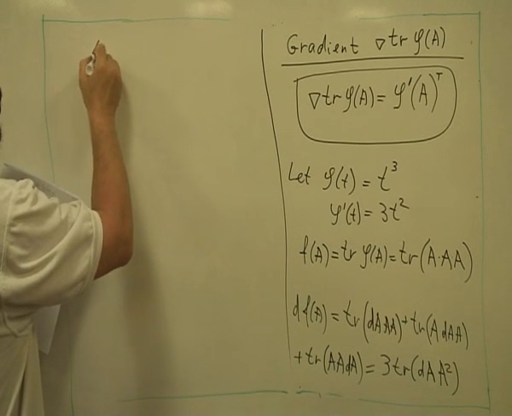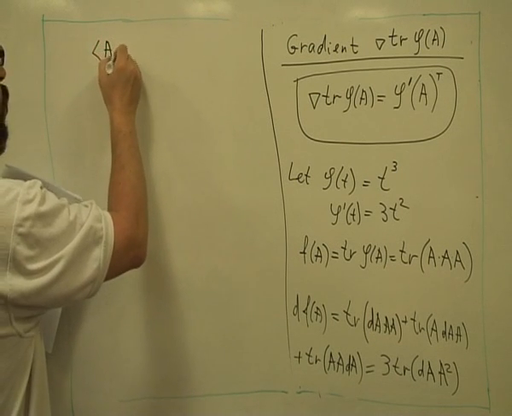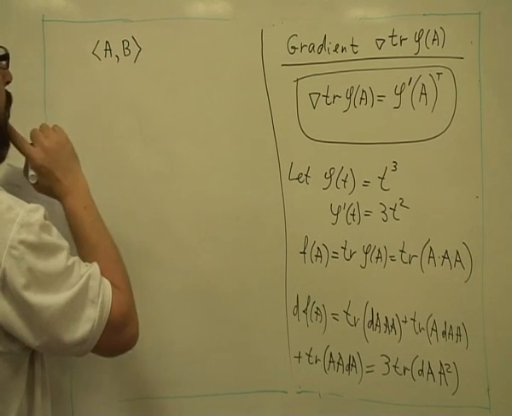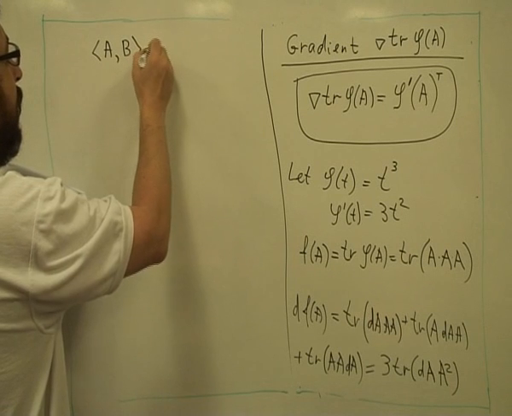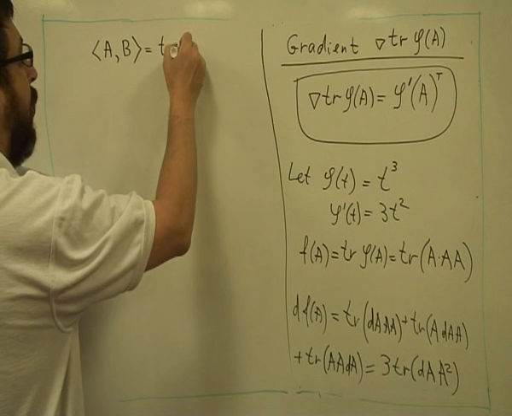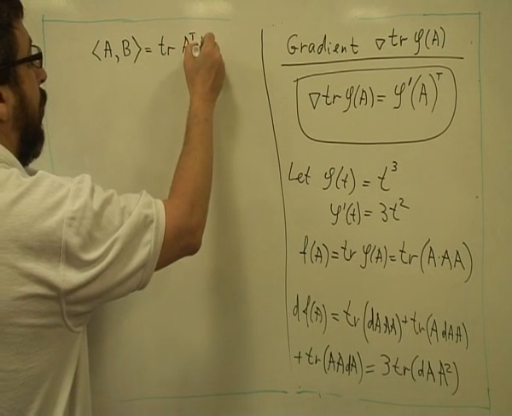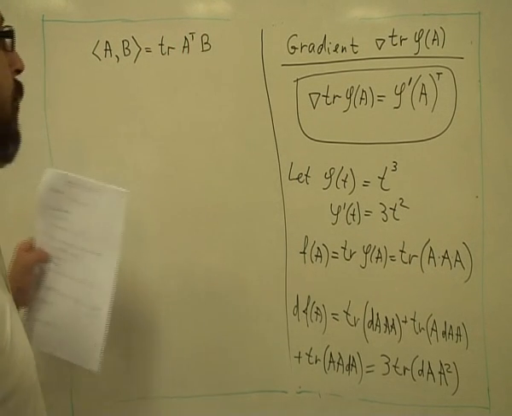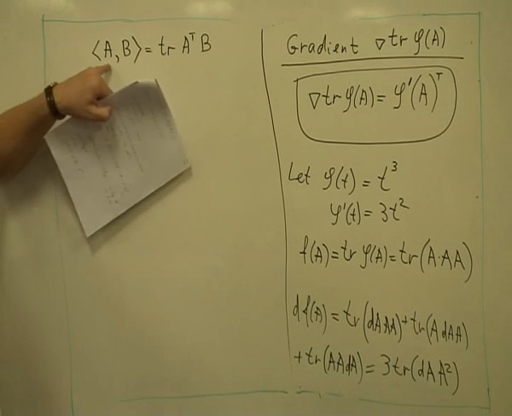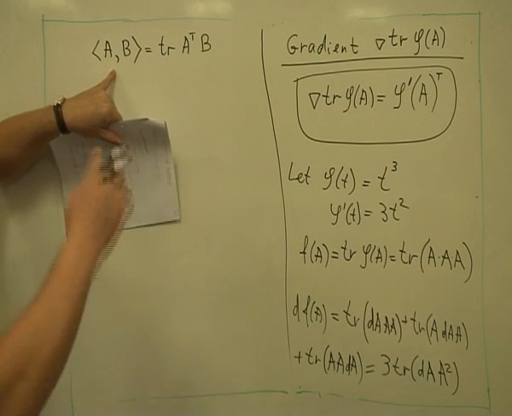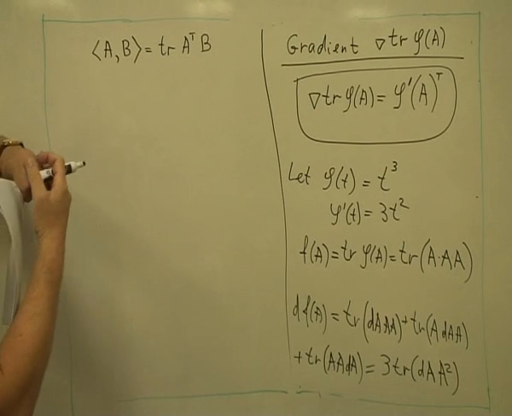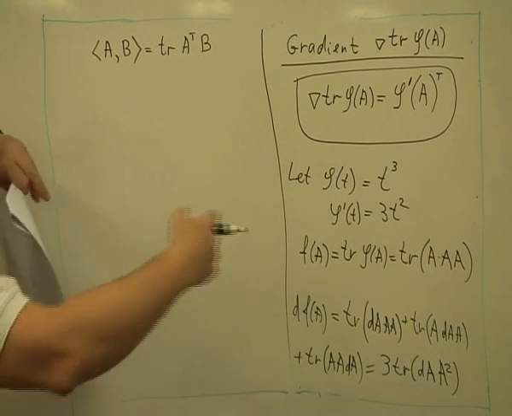the definition of inner product of two matrices. So if I have two matrices, A and B, I define the inner product as trace A transpose B, or the same as trace B transpose A. And it's actually the same as putting A and B into long vectors and taking a scalar product of these two long vectors.